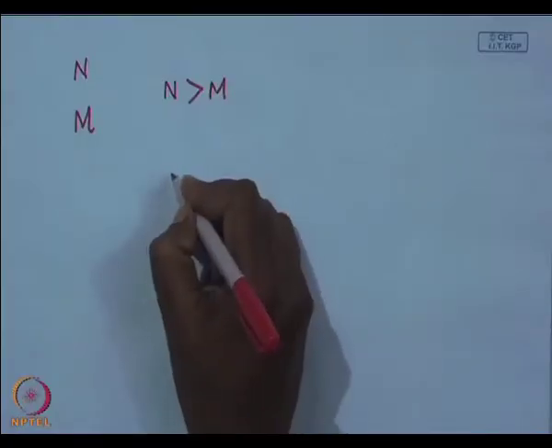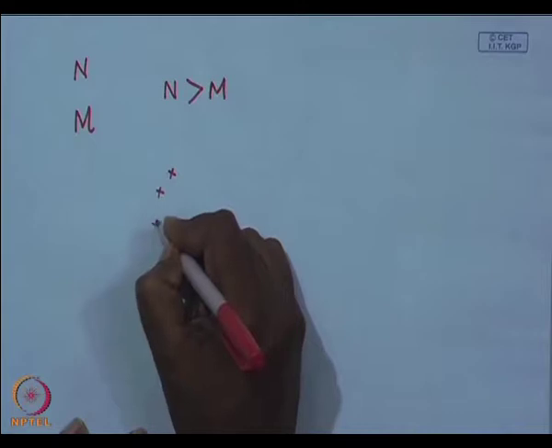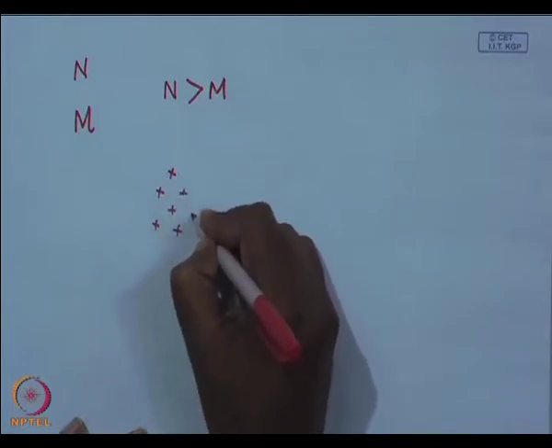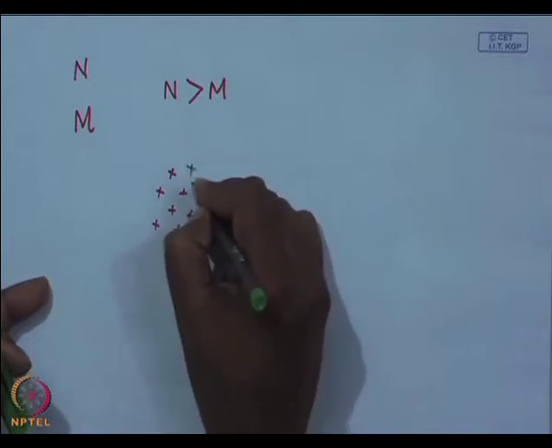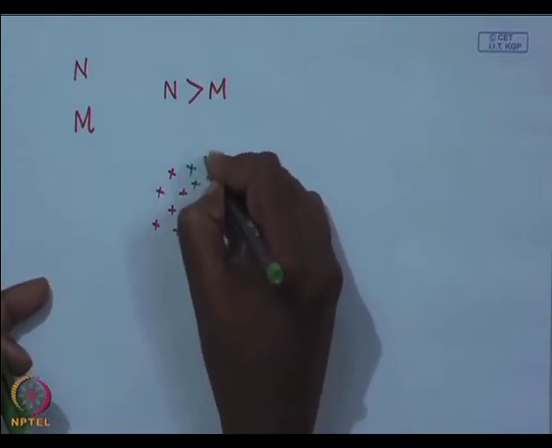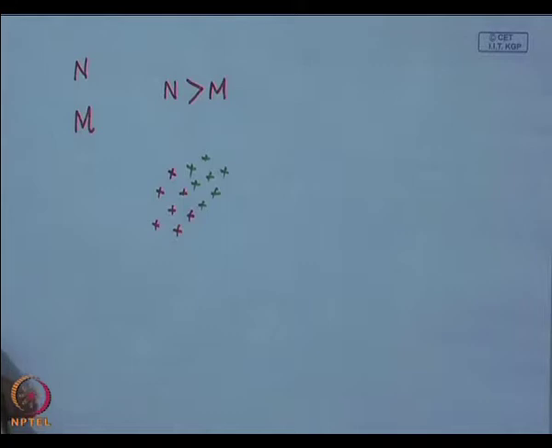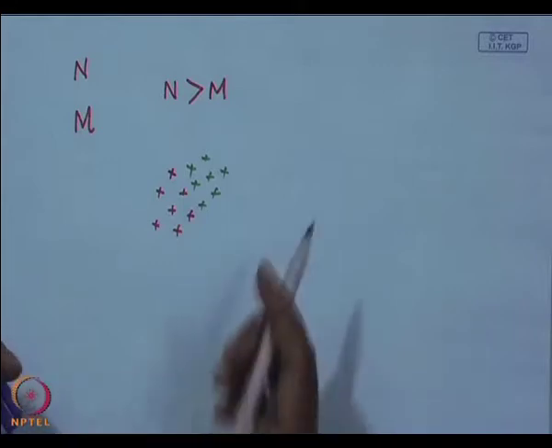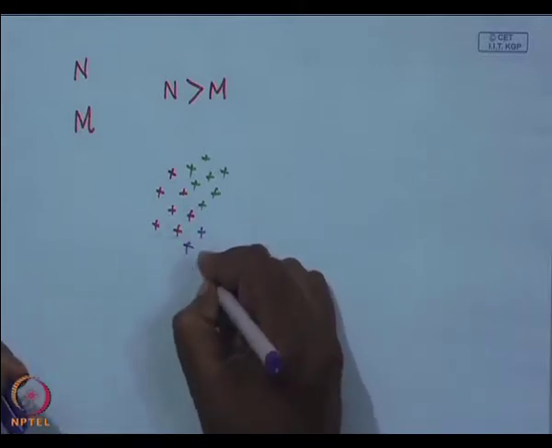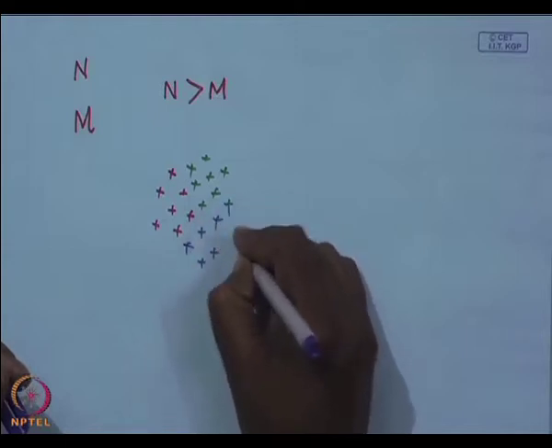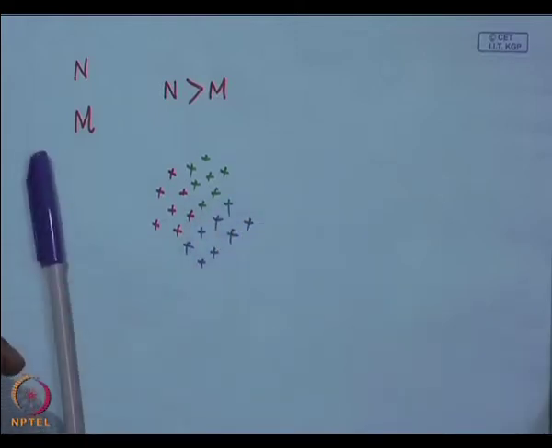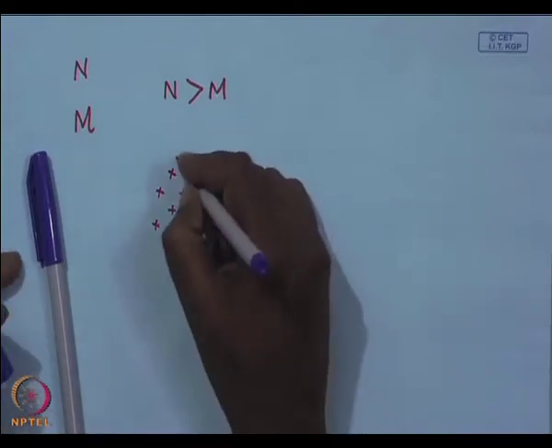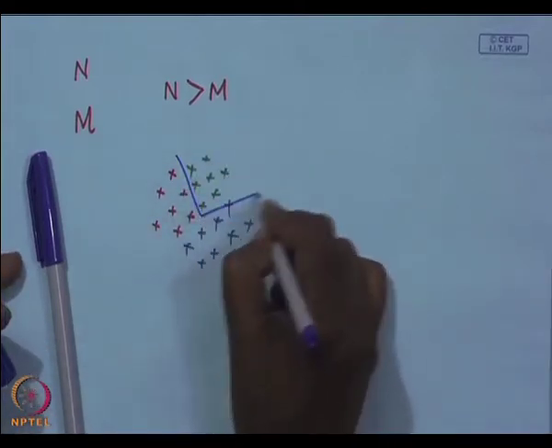So, the situation is something like this. If I have a set of feature vectors, so these are the feature vectors belonging to different classes. Typically, what I do is I cluster these feature vectors into 3 different clusters.